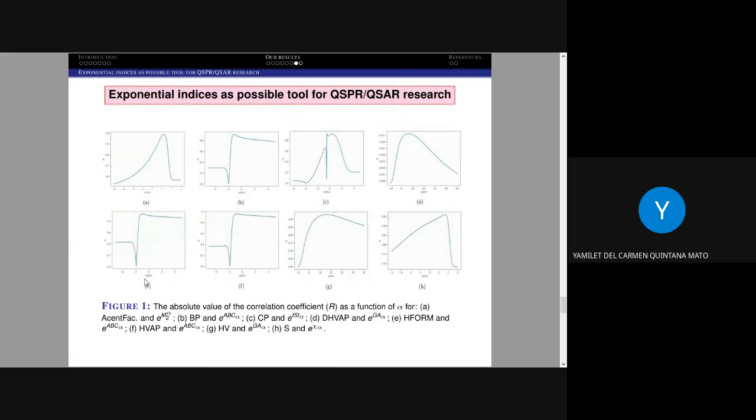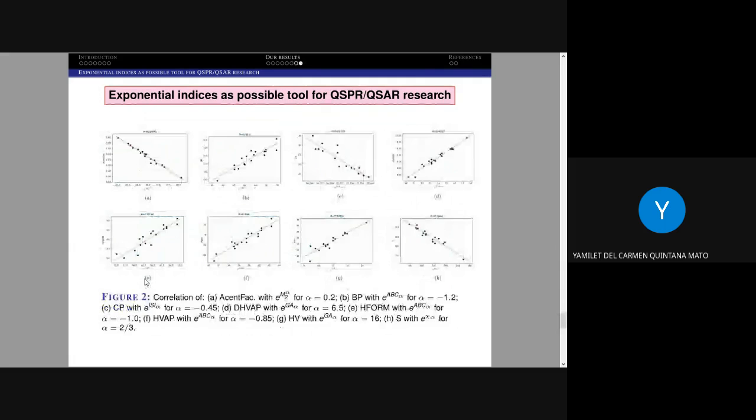Good. Figure 1 shows you the absolute value of the correlation coefficient R as a function of alpha for different exponential indices. Figure 2 shows you the correlation for different indices and several values of the parameter alpha.